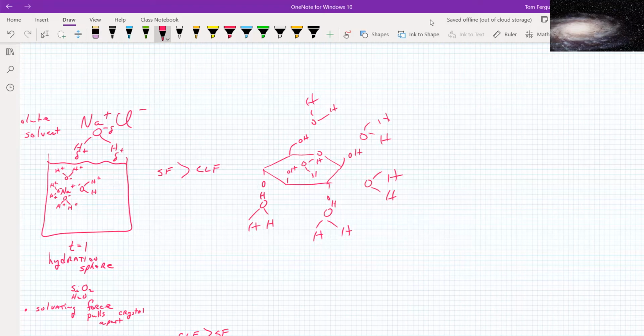And that's what the hydration sphere can look like for glucose and water. And the crystallized forms for glucose, where the water is solid.